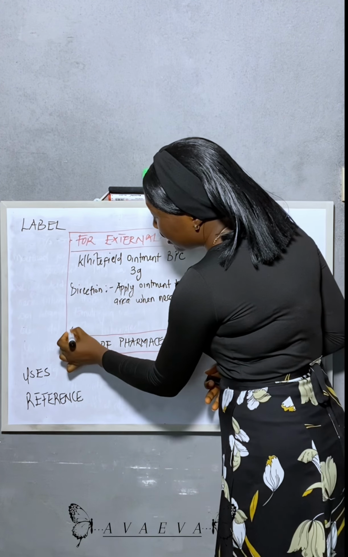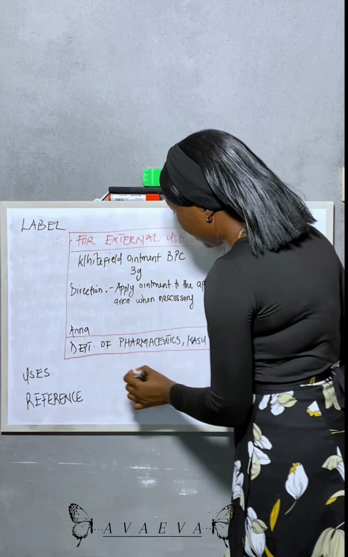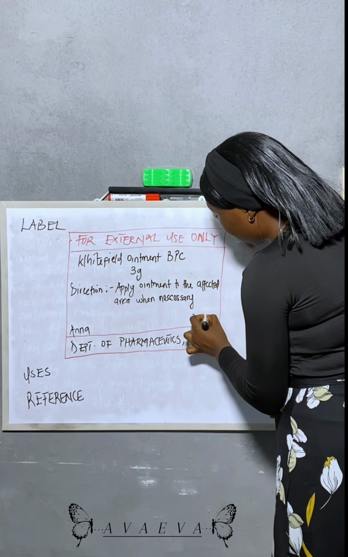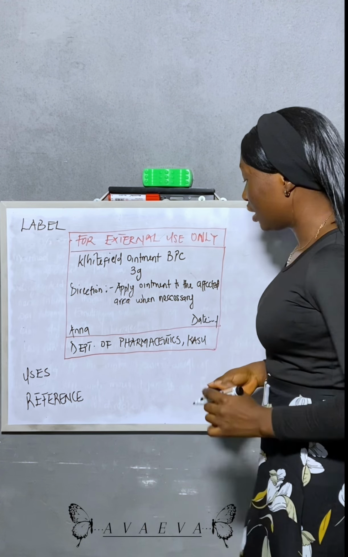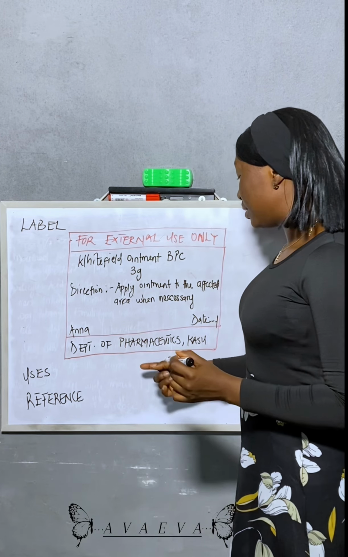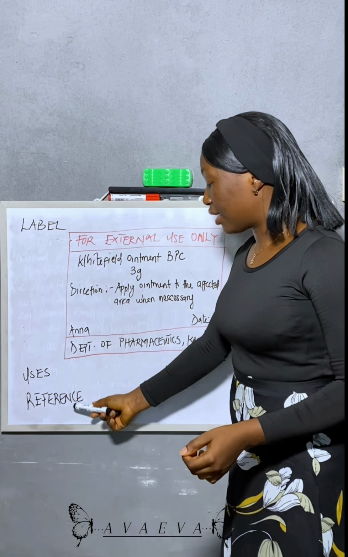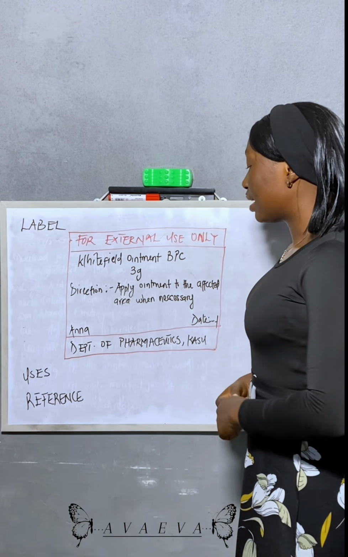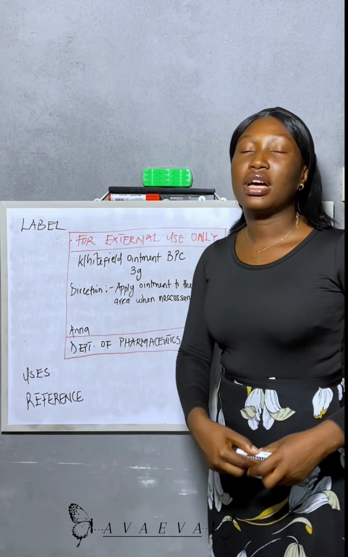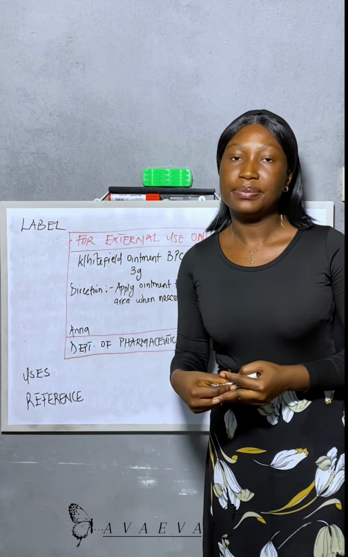Then you have the name of the patient, Anna, and finally you have your date here. So next we have the Department of Pharmaceutics, CASU, and then finally uses and reference. As we have established before, uses and reference are also gotten from the BPC.